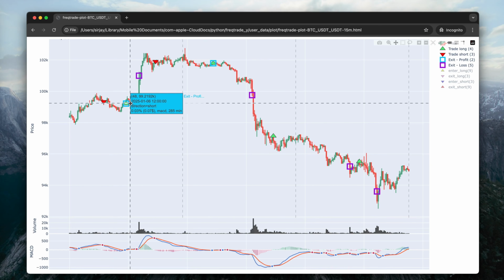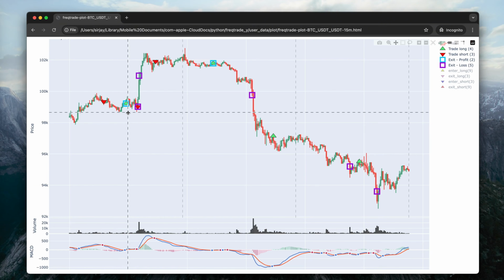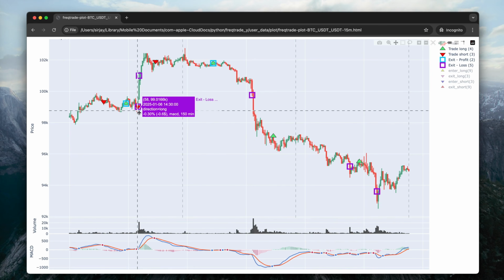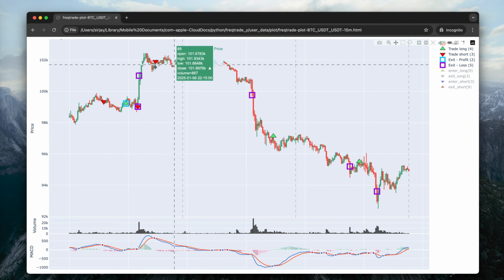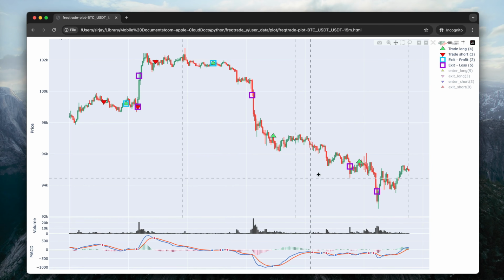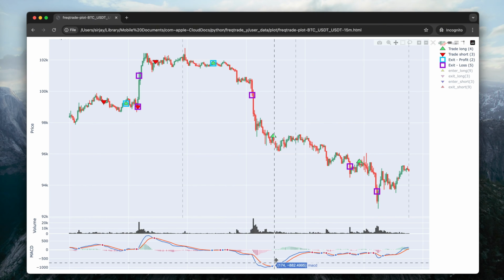Duration 285 minutes and a small profit. And when it crosses from below zero, we go long. That's why we go long here. And then again we hit the stop loss, and so on. So this is the graphic. I see that everything works correctly.